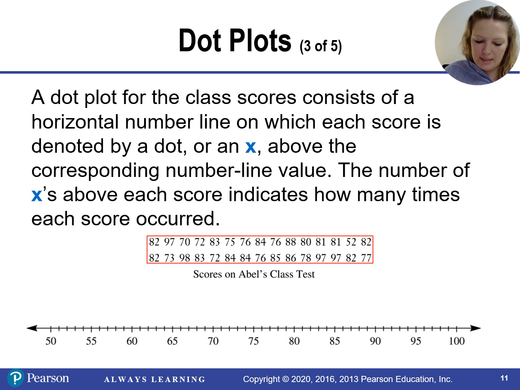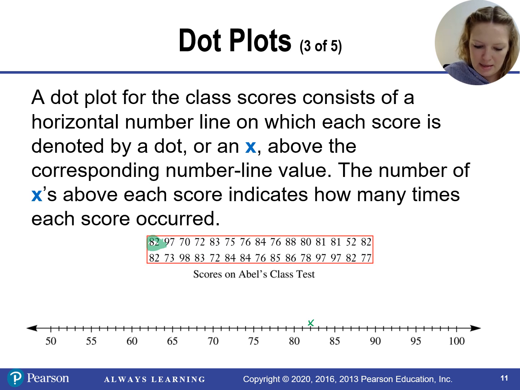So we could say, all right, one of the scores was 82, so I would mark on the number line above 82 with an X. 80 is here, and so 82 will be 1, 2 up, because each tick mark represents 1. I would take an X and mark it above 82.